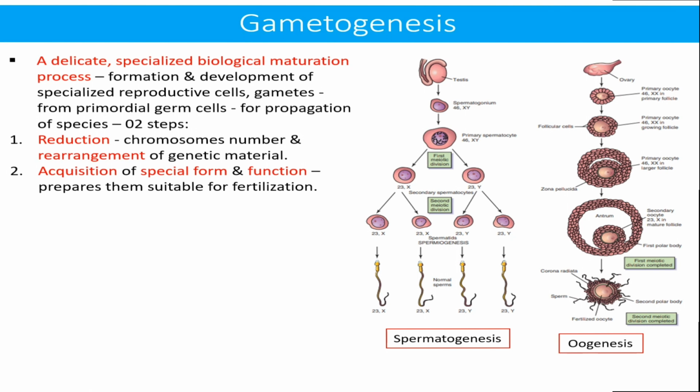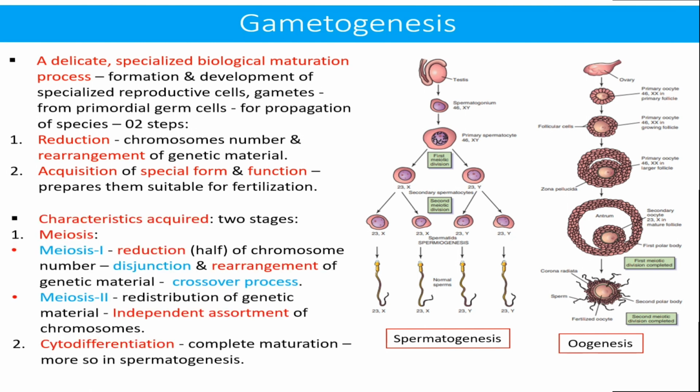Number one, reduction of chromosome number and rearrangement of genetic material. Number two, acquisition of special form and function by the cells, which prepares them and makes them suitable for fertilization.